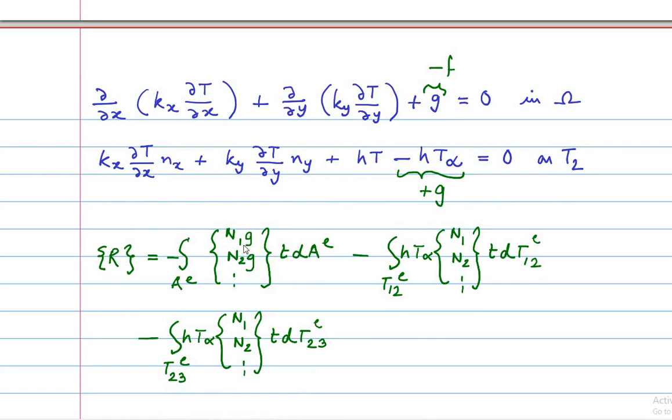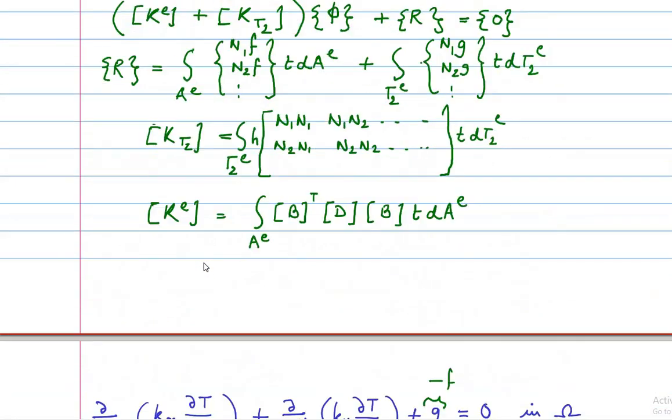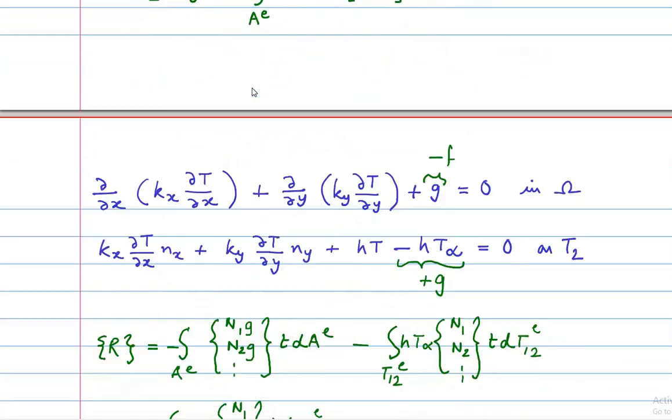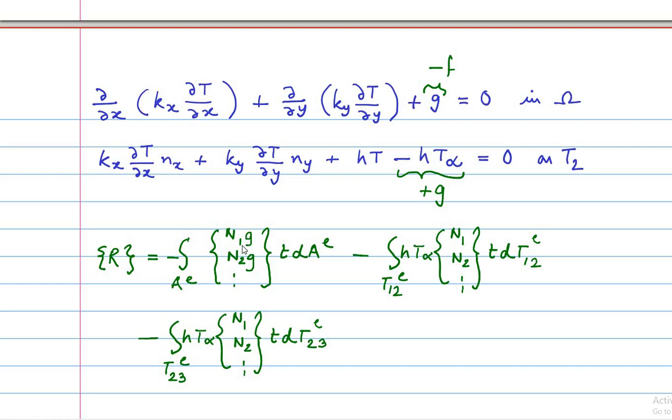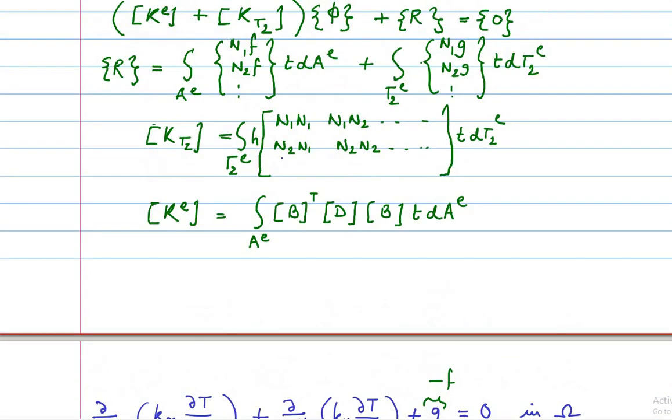So since this F is minus G, for the first term you are getting this, and for this term you are getting this one. This again you are getting a vector, and for this you get a matrix which is the same as what you are getting here.